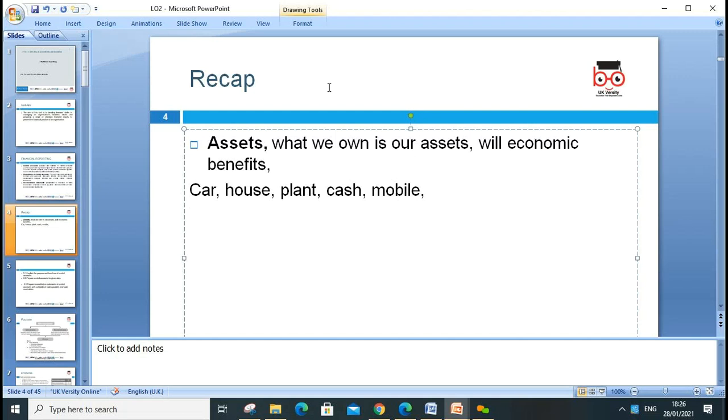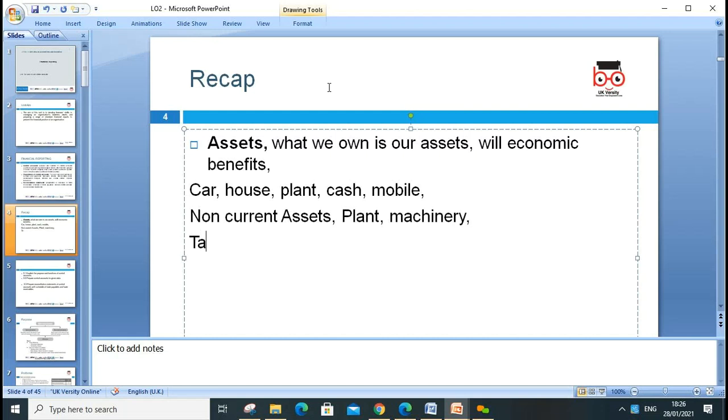We discussed two types of asset. We can categorize them: non-current assets, which we can use for more than a year, like plant and machinery.